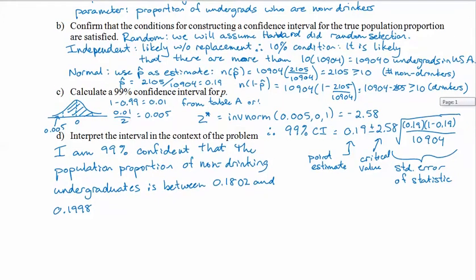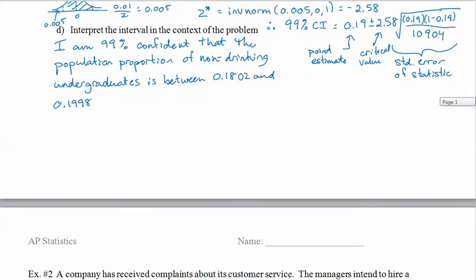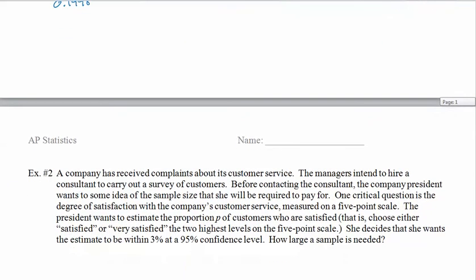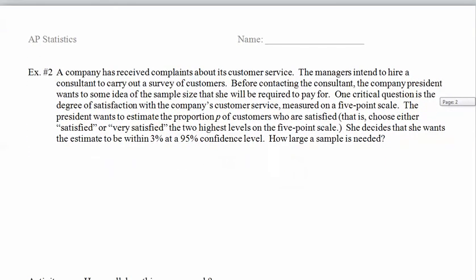All right, so let's look at another example here. Number 2, a company has received complaints about its customer service. The managers intend to hire a consultant to carry out a survey of customers.